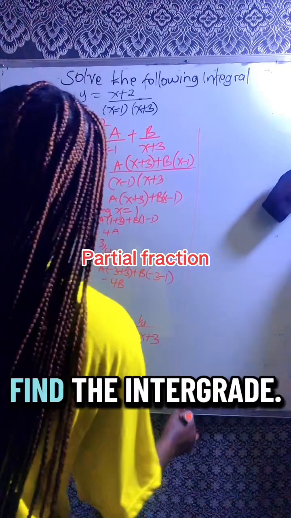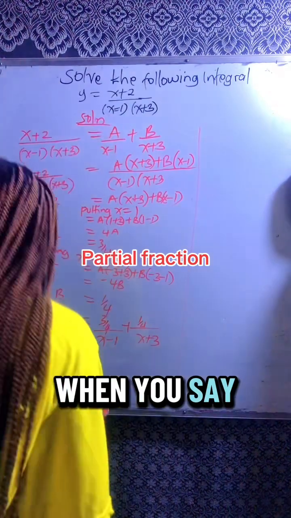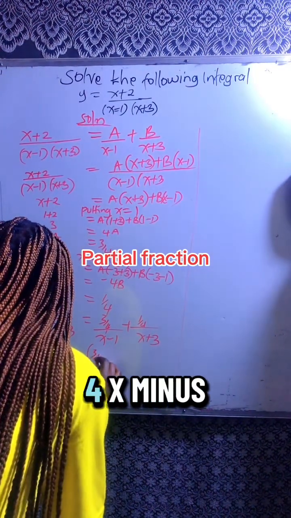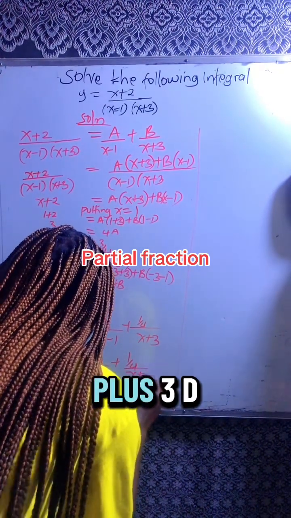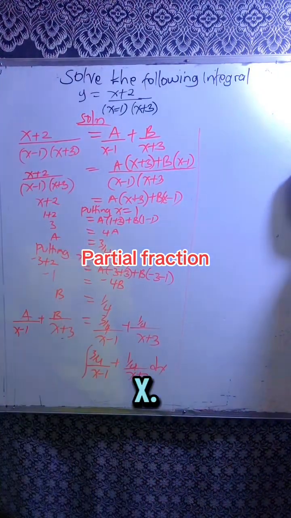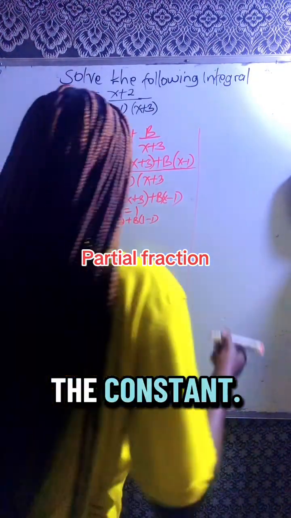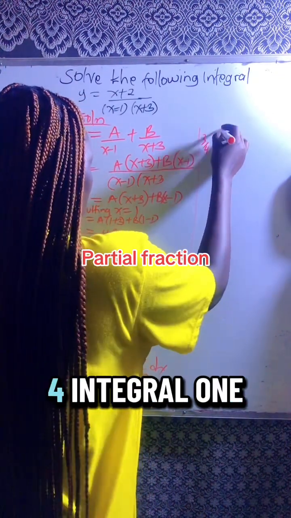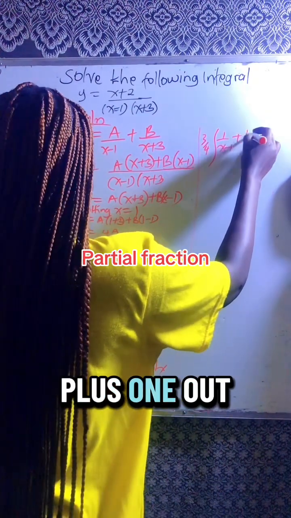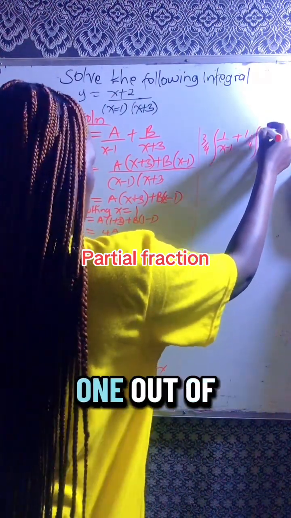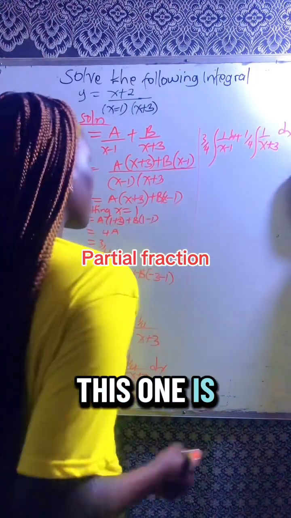But then they need us to find the integral, so we need to integrate. The integral of 3 out of 4(x - 1) plus 1 out of 4(x + 3) dx. To make integration easy, we bring out the constants. So we have 3 out of 4 integral of 1 out of (x - 1) plus 1 out of 4 integral of 1 out of (x + 3), each with dx.